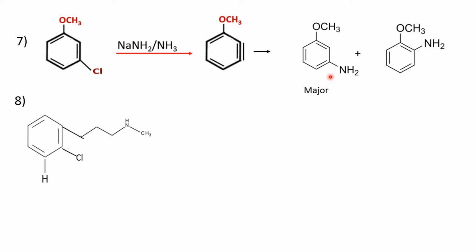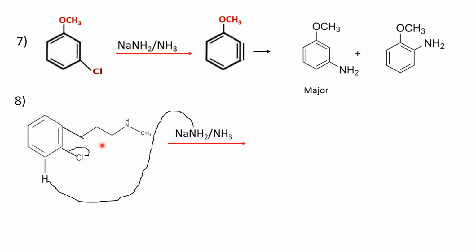Now, example number 8. This is another interesting example. Now, here what happens? See, when you add the nucleophile, it will take this proton, okay, and this leaving group leaves. Then this benzyne intermediate is formed.